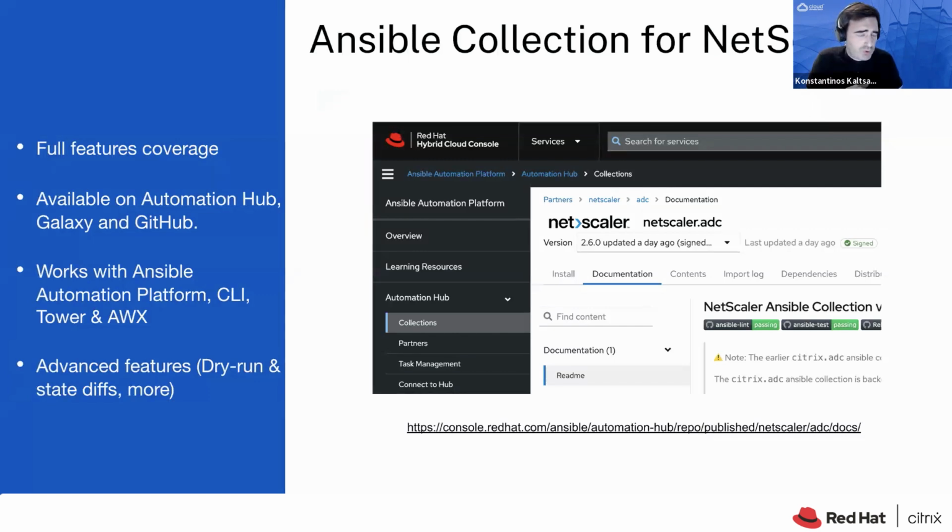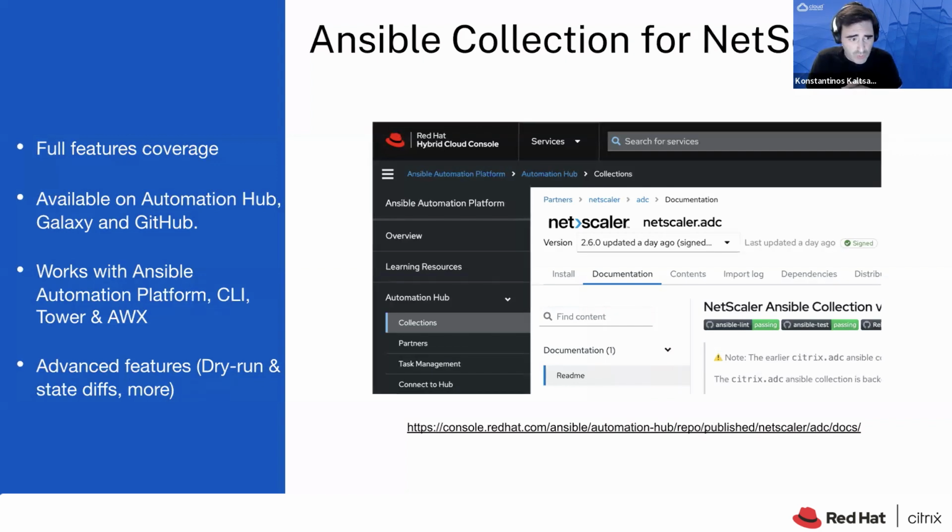The first thing that I'm going to talk about is our Ansible collection for NetScaler. So our Ansible collection is available on the Automation Hub. It is available also on Galaxy, and the code is stored on GitHub. It is open source.